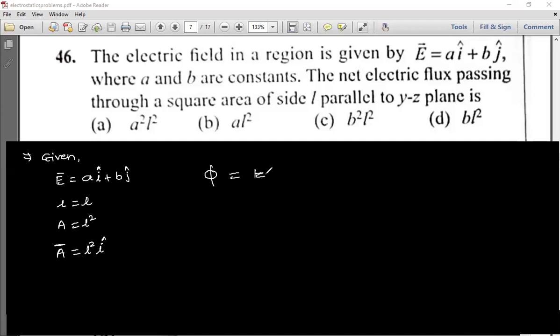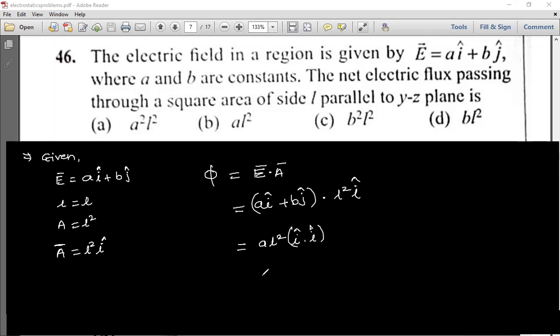Flux phi is equal to E bar dot A bar. E bar is what? A I cap plus B J cap dot L square I cap. Now J dot I is 0, A I only is allowed. And I dot I is only allowed. So A L square I cap dot I cap.